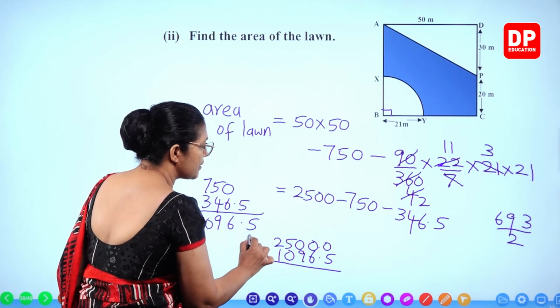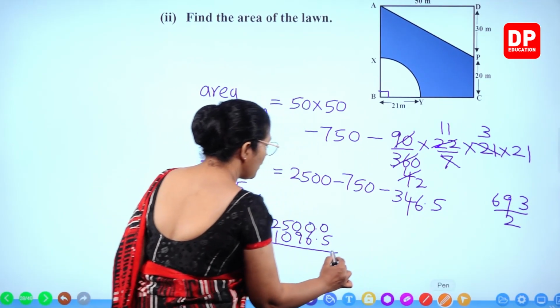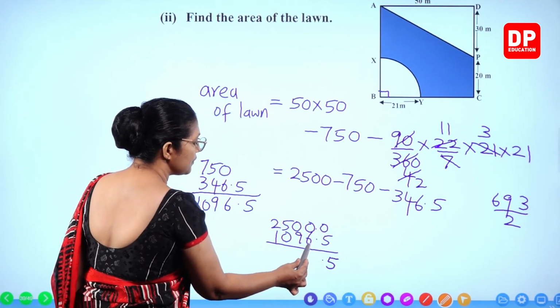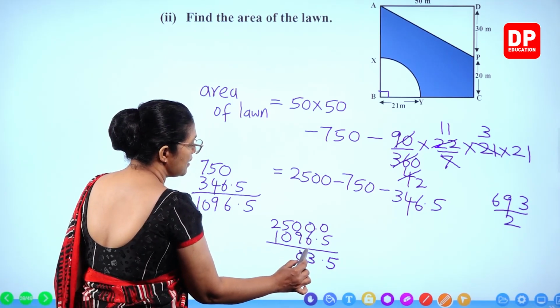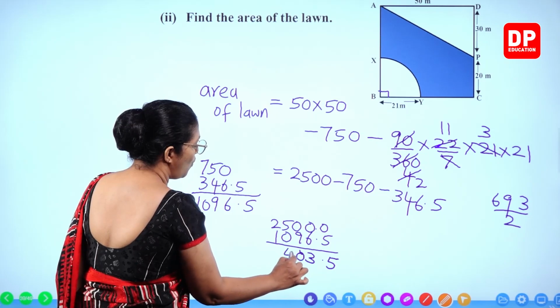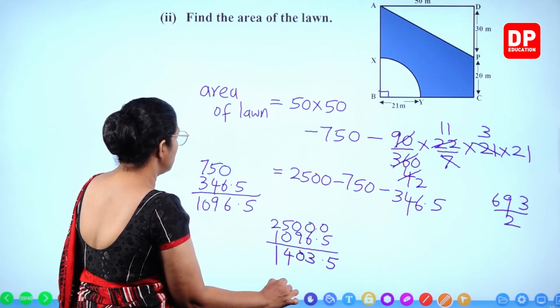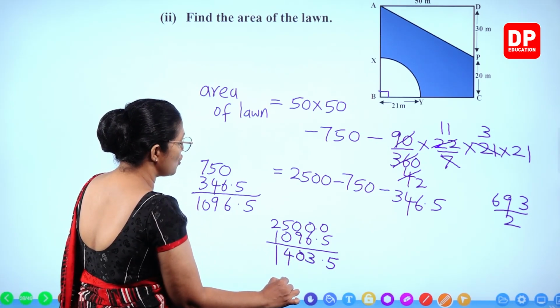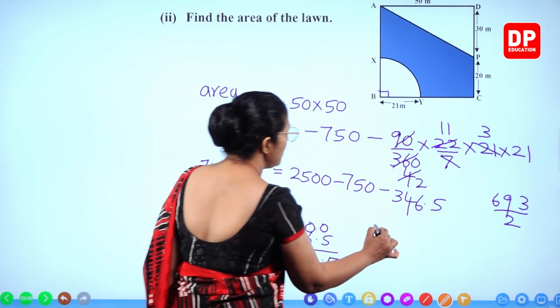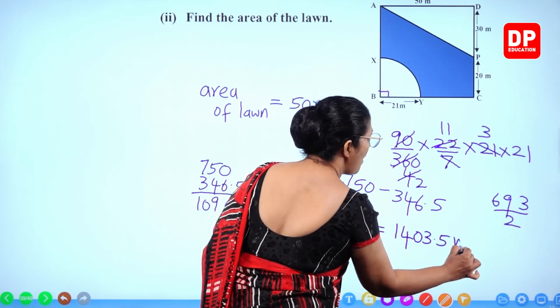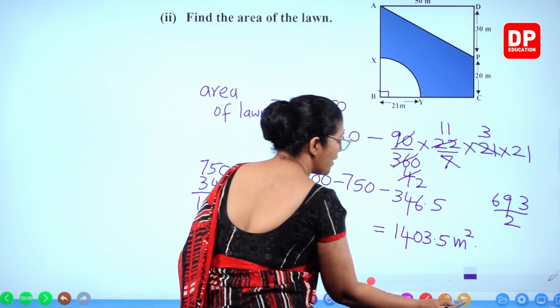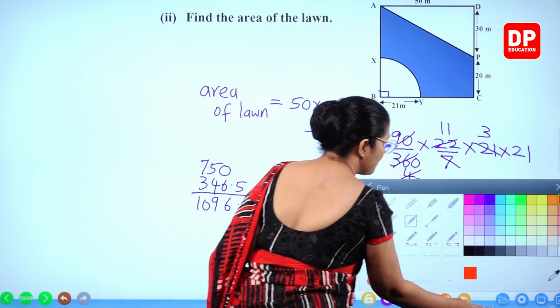When you subtract, you get 5, 1 remaining. 7 plus 3, 10, 1 remaining. And here's 4 and 1. This is subtraction. So 1403.5 square meters is the area of the lawn.